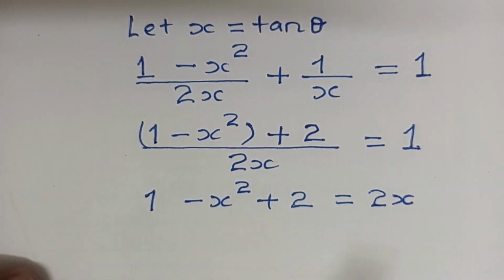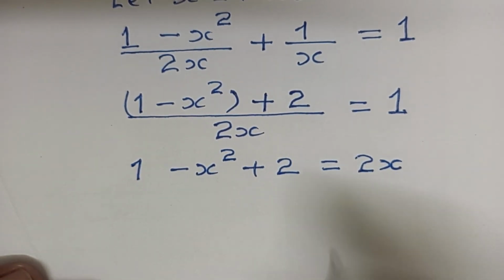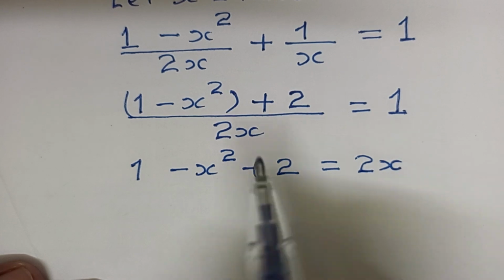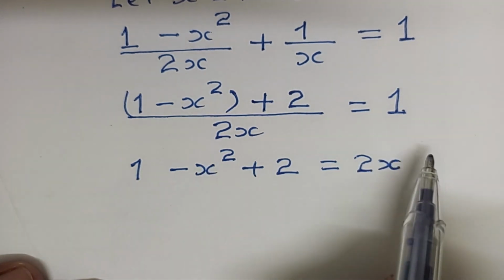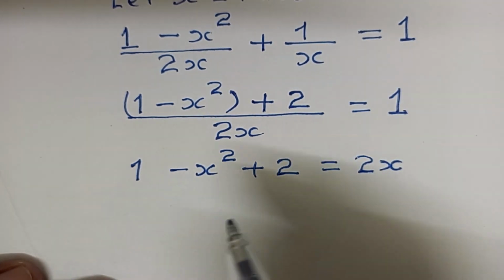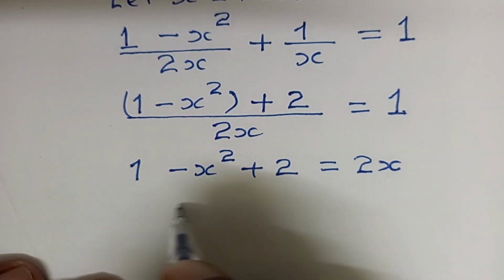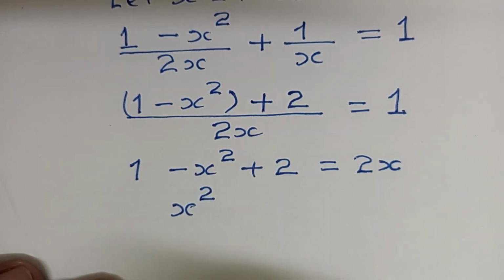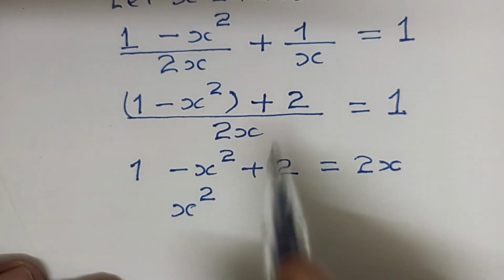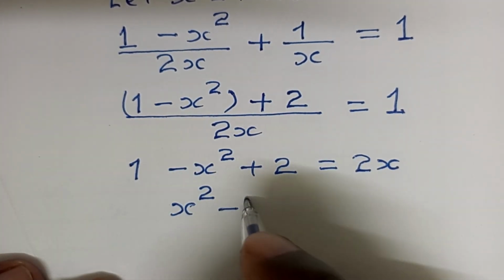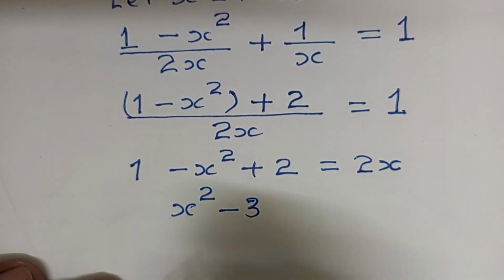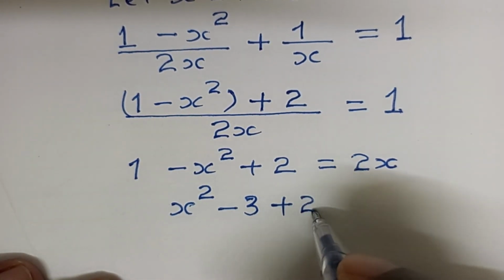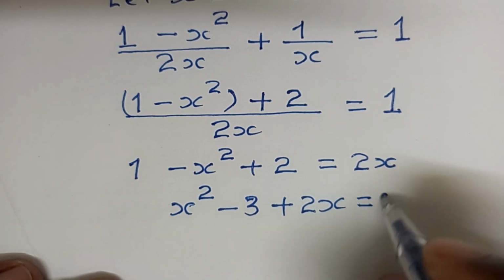2x. And now guys, we can write this as a quadratic, whereby we bring x this side and all these terms this side, but change the signs. And now for this it is going to be negative 3, and now plus 2x. This is equal to 0.